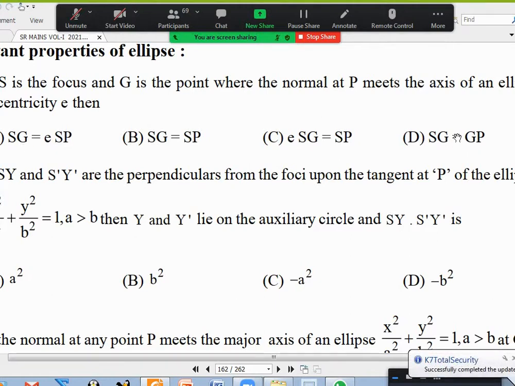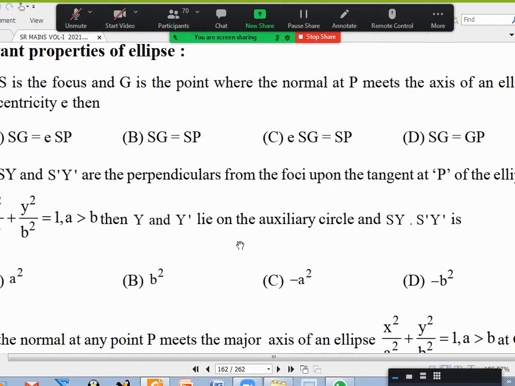I think 86 is in the reflection property, we proved this in the class, right? Yes, sir. And 87, from any focus, if you find the perpendicular distance to any tangent, the product is b square. That's only, na? Yes, sir. And the feet will lie on the auxiliary circle.